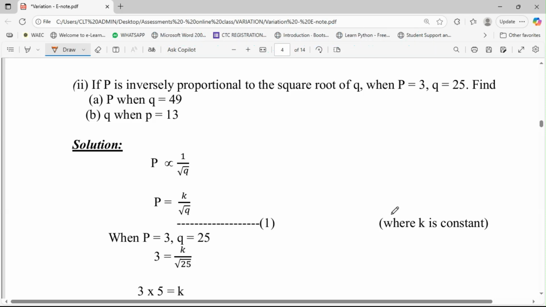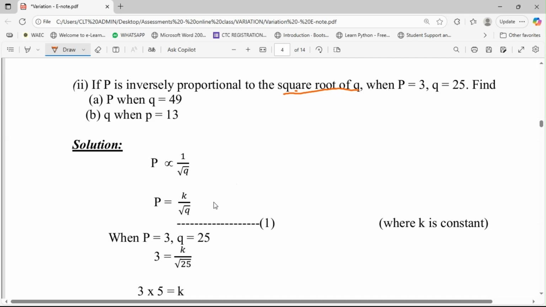Another example is if p is inversely proportional to the square root of q and p equal to 3. So this tells us the relationship between p and the square root of q. This is the interpretation of that statement. P inversely proportional to, inverse means 1 over, right? Then square root. Make sure you understand the wordings, everything I said here.